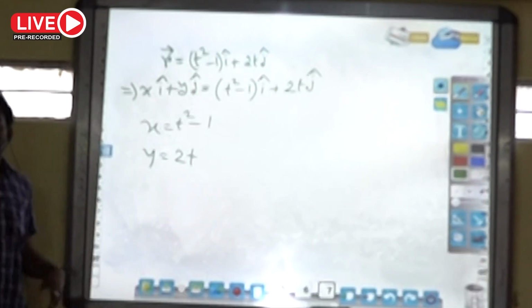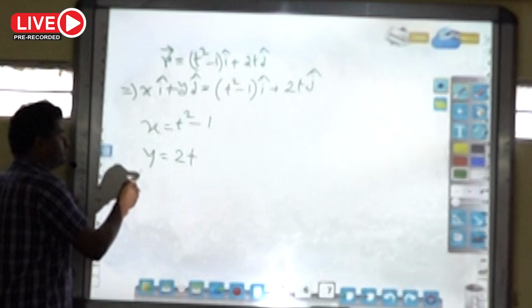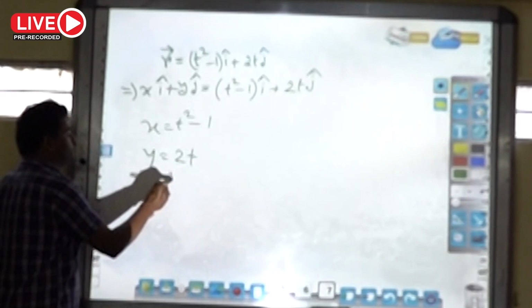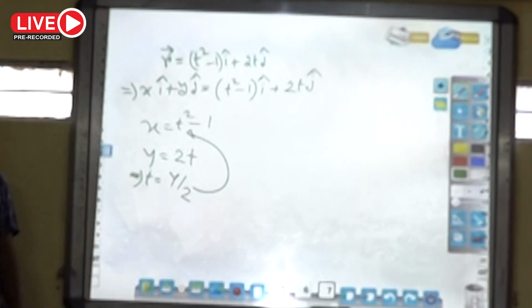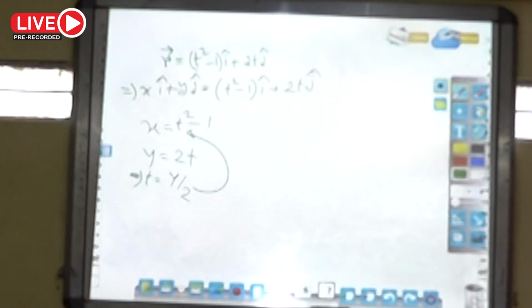So from these two equations, eliminate t. From this we can write t equal to y by 2 and substitute it in place of t. You will get the equation of trajectory. This one is much simpler. T equal to y by 2, then substitute the value of t in the first equation, as t square.